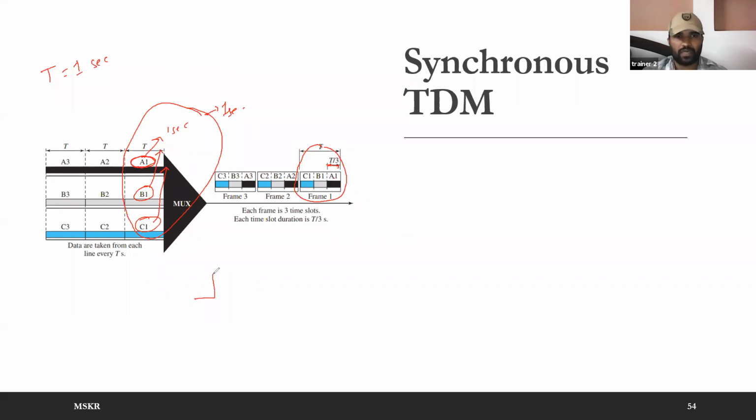Let me show you one example. Let's say this is your signal. What you are going to do is reduce this interval, and send the signal like this. You are reducing the interval, which means you are increasing the speed.